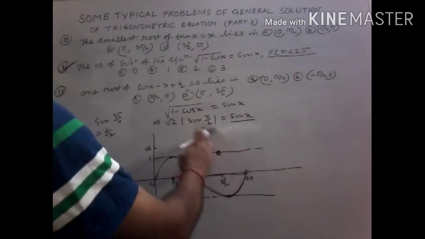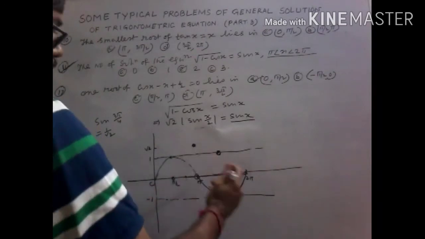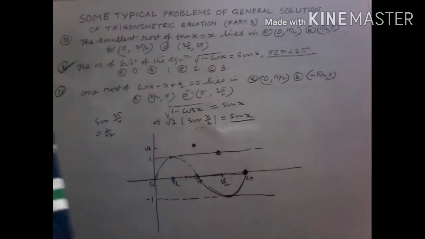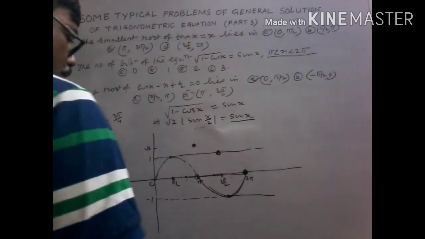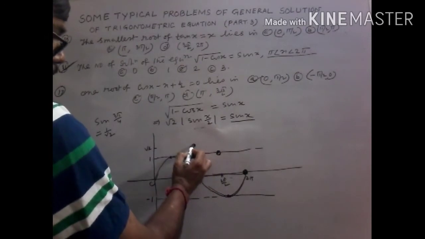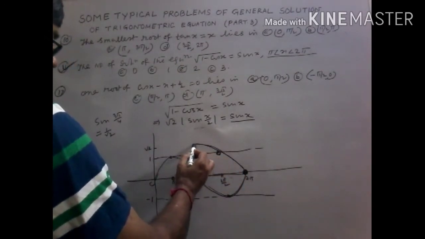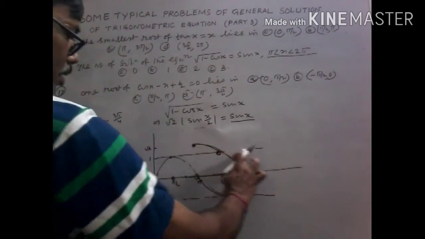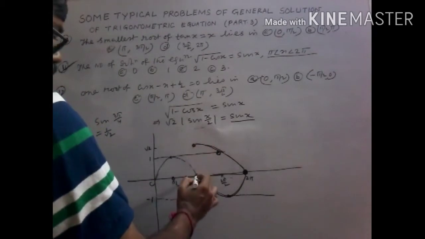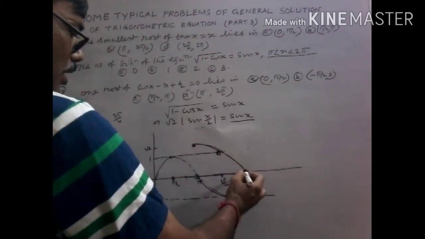And at 2 pi, sin 2 pi by 2 is sin pi, which is 0. So the figure will be like that. So this type of figure we are getting between pi to 2 pi.